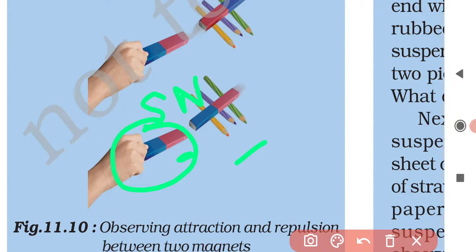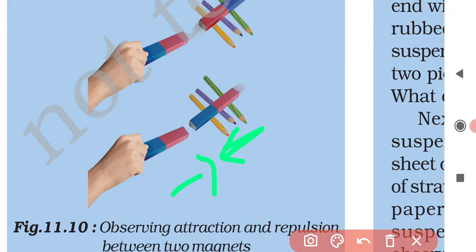We will observe that the magnet placed on the rollers or placed on the pencils will begin to move towards the handheld magnet. Okay, understood? It will move towards it.